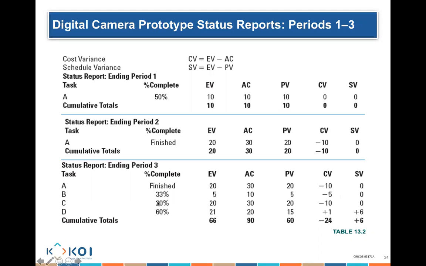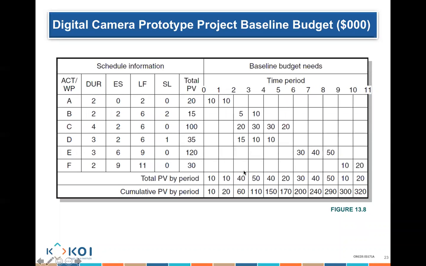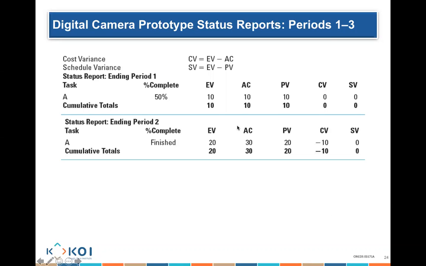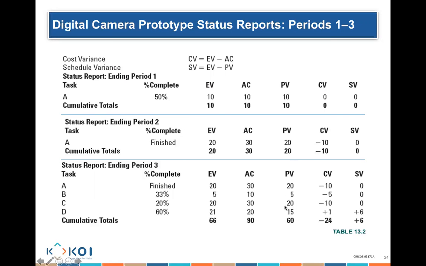If I go to C, C is supposed to cost me $100. I know that I'm supposed to go in week 2 for C, only spend 20. So my planned value for C is 20. I know I earned 20% of the work.